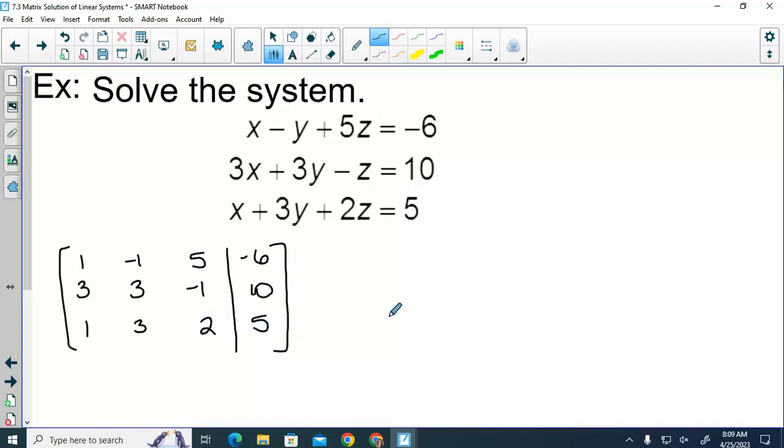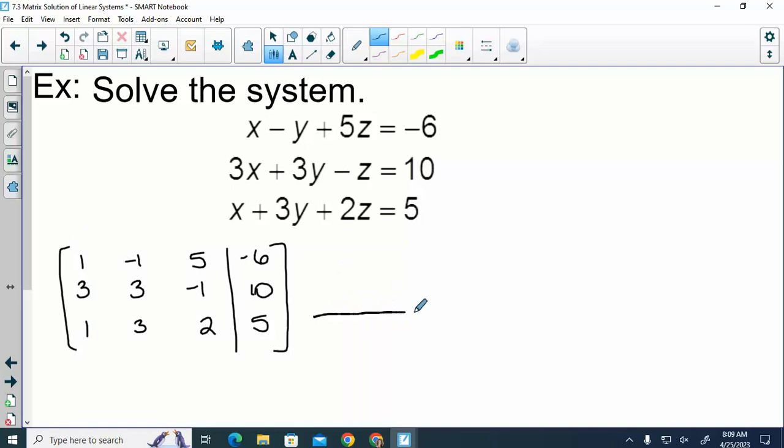You can switch rows if you want, but we do already have a 1 right here, so we wouldn't have to. Or is that the one that gets affected? It's going to get changed as we go through it.